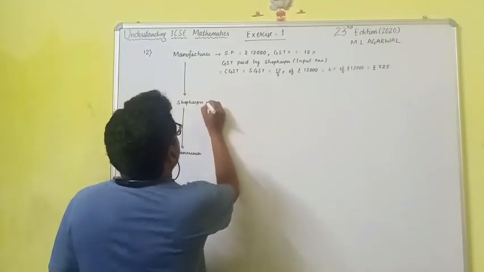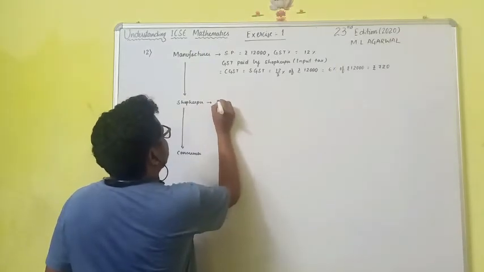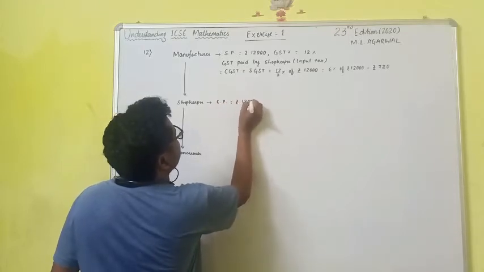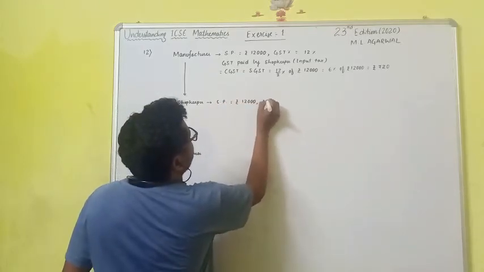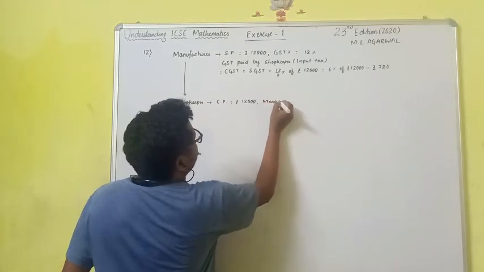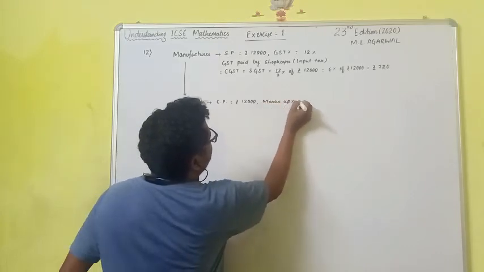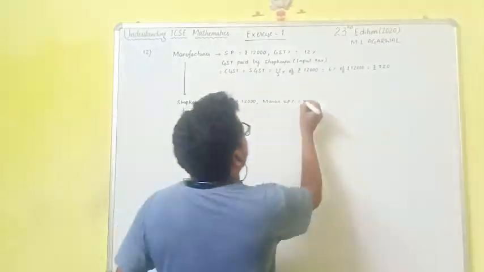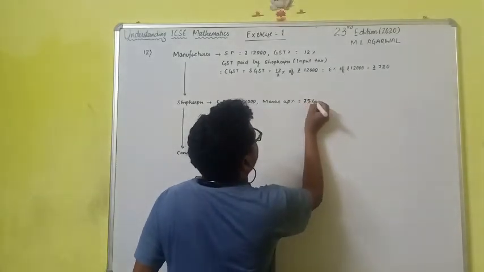Now for the shopkeeper, CP is equal to rupees 12,000, but he has a markup percentage of 25%.